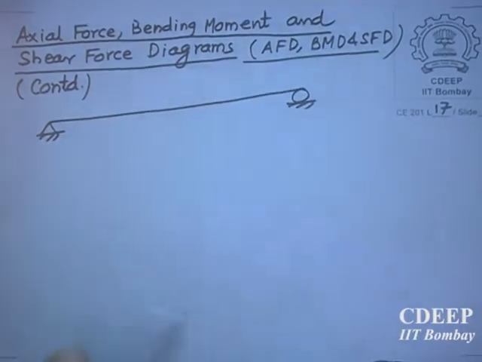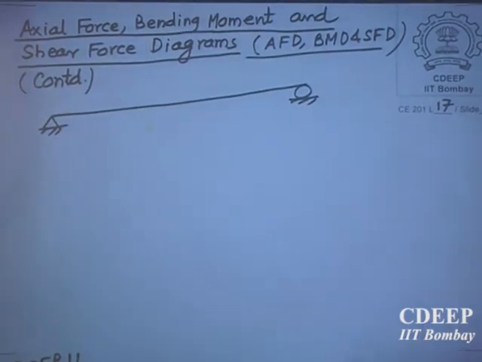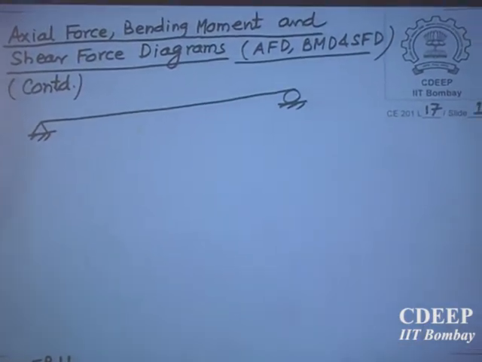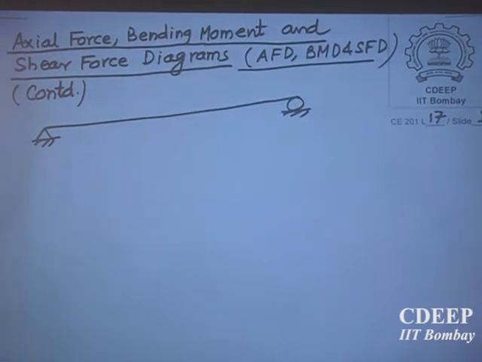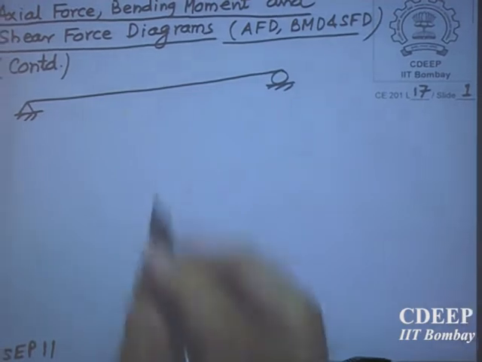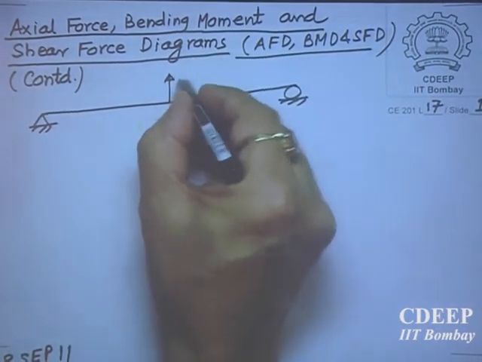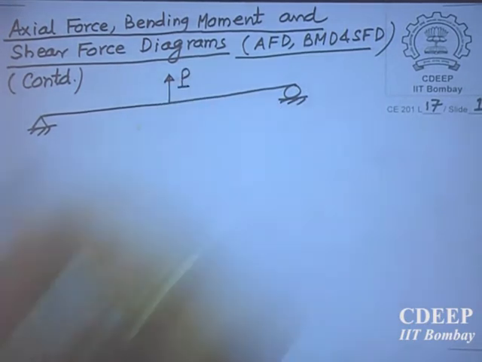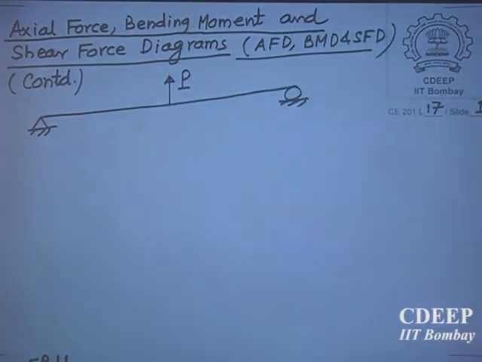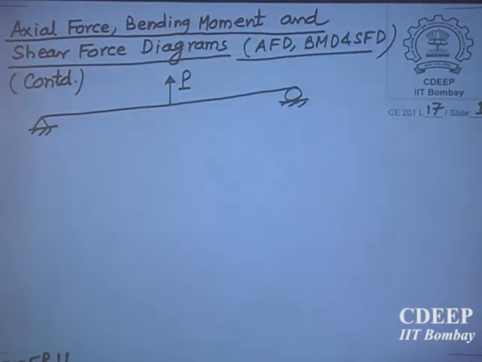We have done, I think, one problem that we solved. Everything is coming on the display, the whole sheet. I have taken the load not applied upward, but in the positive direction.